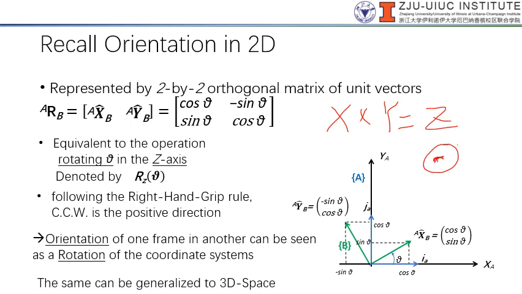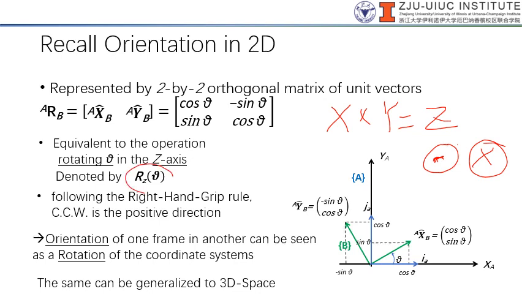Okay, I'm not writing the dot properly. Pointing inward will be represented by a cross, and pointing outward will be represented by a dot. If you use your right-hand screw rule, you should be able to see that the z-axis is pointing outward. Counterclockwise is the positive direction.